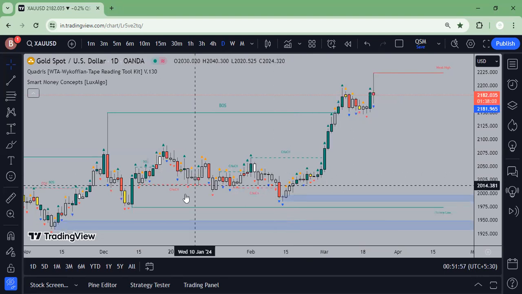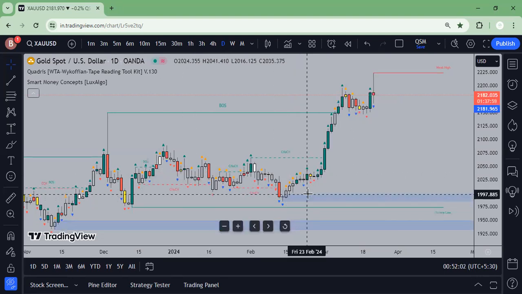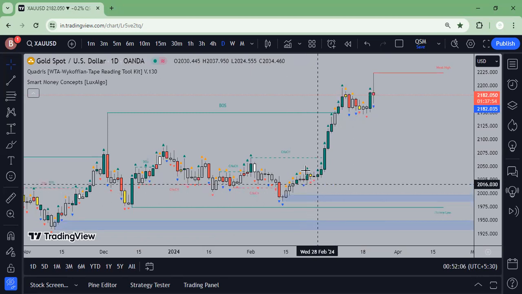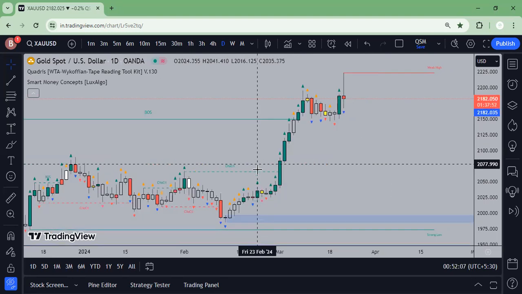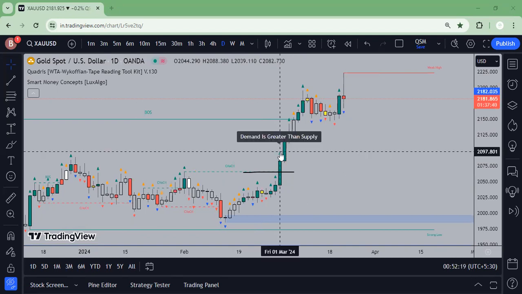So for the sake of discussion, if this is a demand zone, a zone wherein we are expecting price to go upwards, and if this is the change in character, what a change in character would look like. If you hover over this, you can see demand is greater than supply.